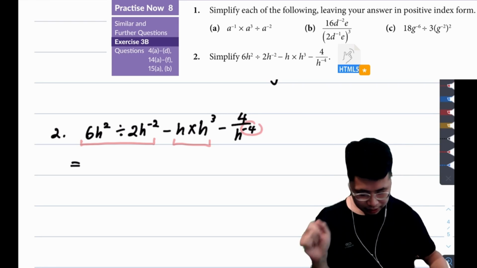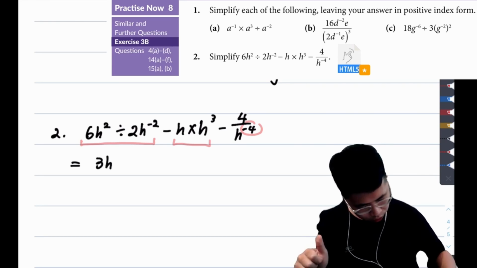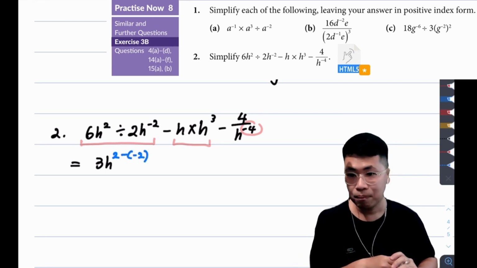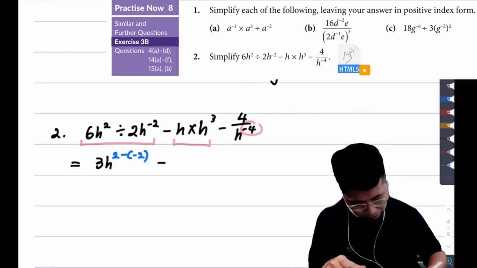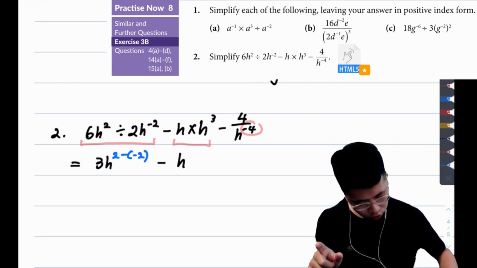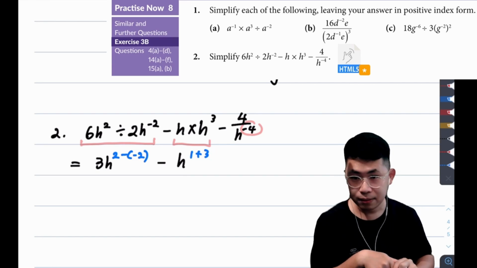Let's take a look. 6 divided by 2 will be 3. H, we have 2 minus negative 2 as the power, applying the law of index. Minus will be there. H times h cubed would be h to the power of 1 plus 3, applying our law of index.